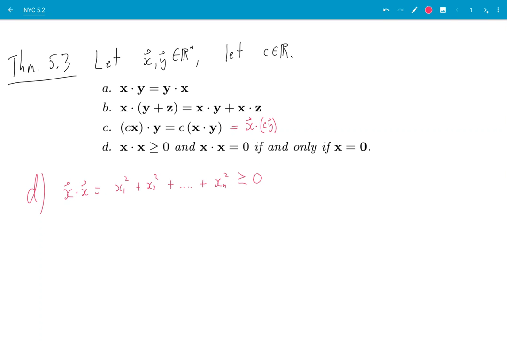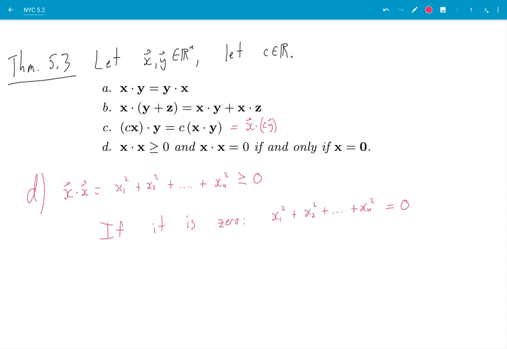And if it is 0, what does that mean? Well, how can you have x1 squared plus x2 squared plus blah, blah, blah, xn squared equal to 0?